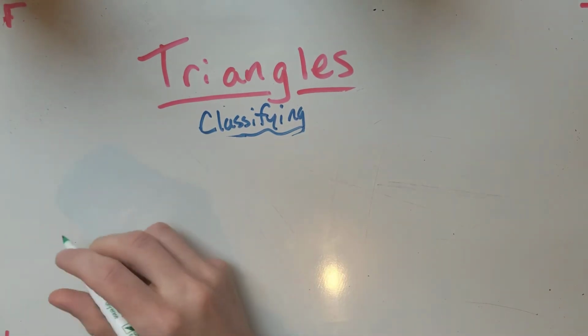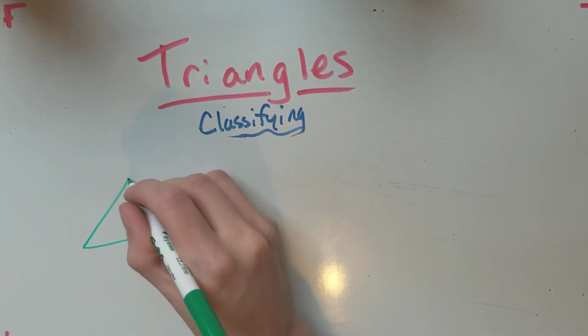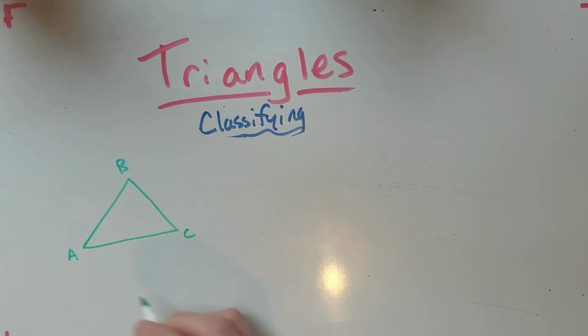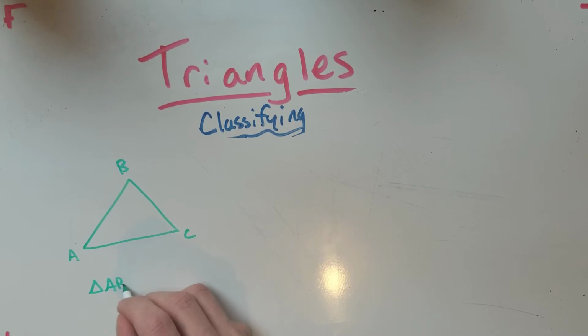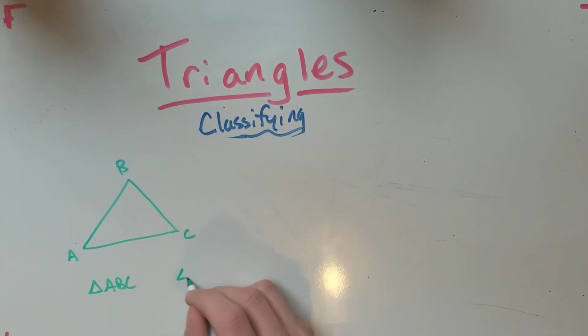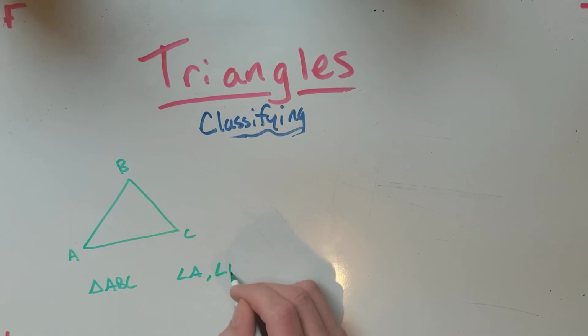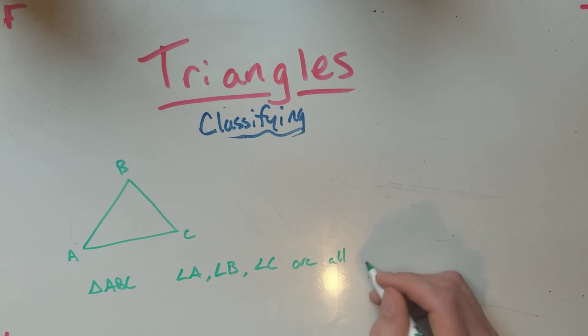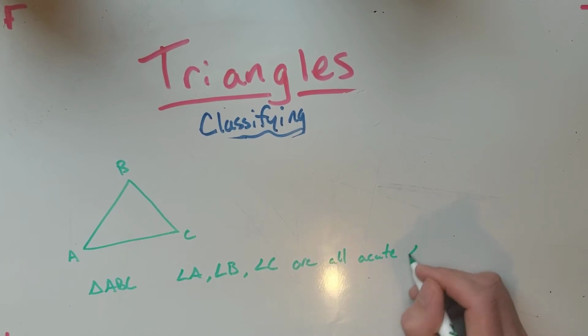So let's say we have a triangle. Triangle, we'll call it ABC. And in triangle ABC, let's say angle A, angle B, and angle C are all acute angles.